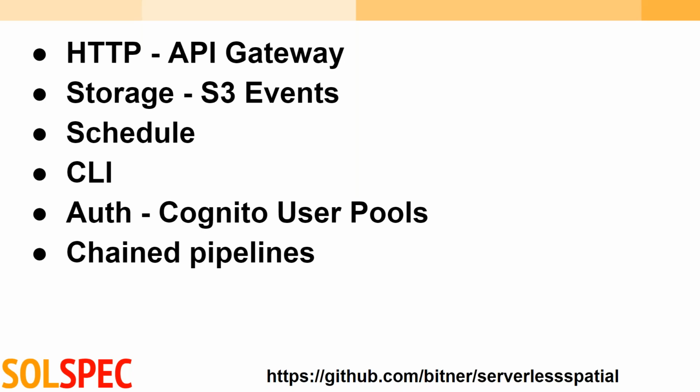You can trigger Lambda functions through your authorization method. If you're using Amazon's Cognito user pools, when a new user is added, you could run a Lambda function that does updates into a database that has all of your user information. And you can create chain pipelines where a Lambda function calls one or several other Lambda functions.